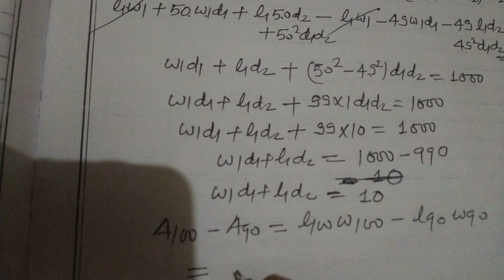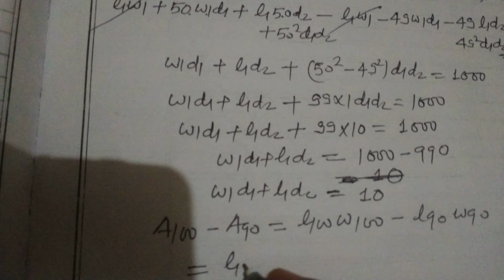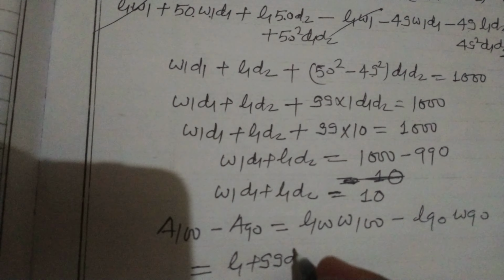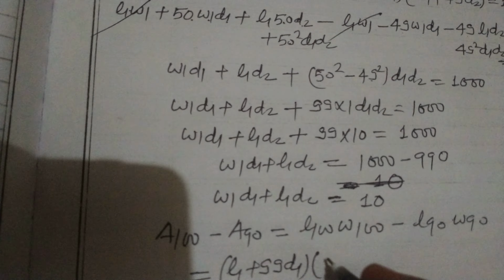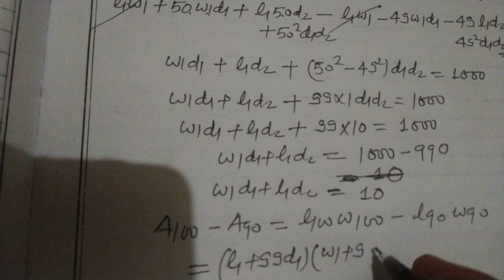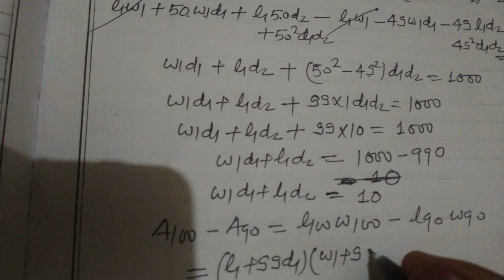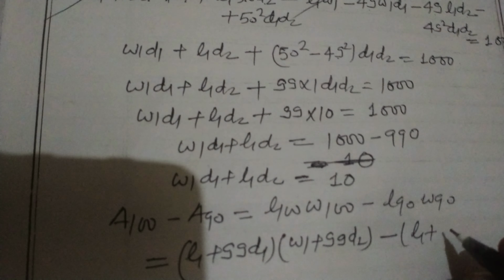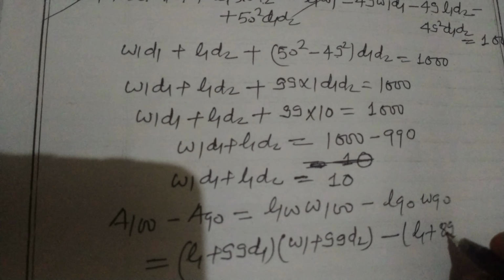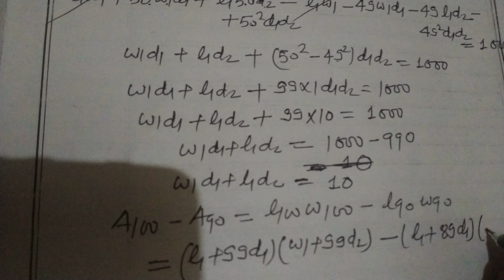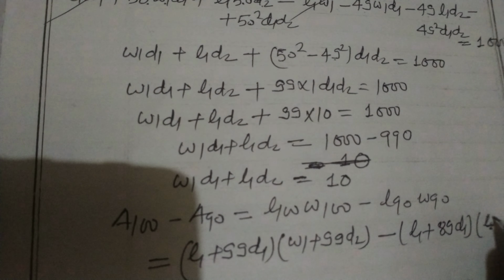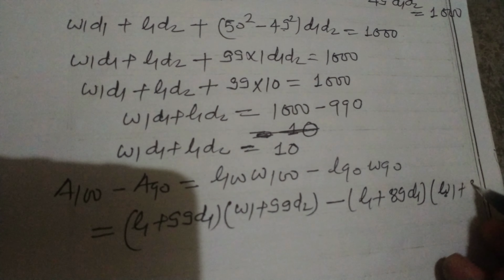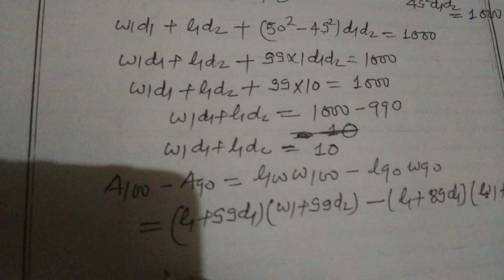Now A100 minus A90 equals L100 W100 minus L90 W90. Now we again put these values like this: L1 plus 99 D1 into W1 plus 99 D2, minus L1 plus 89 D1 into W1 plus 89 D2.